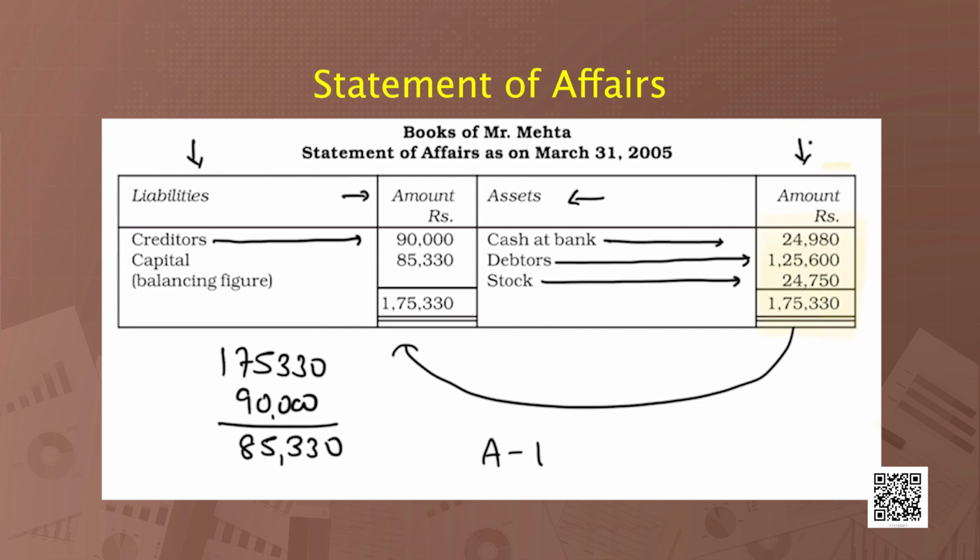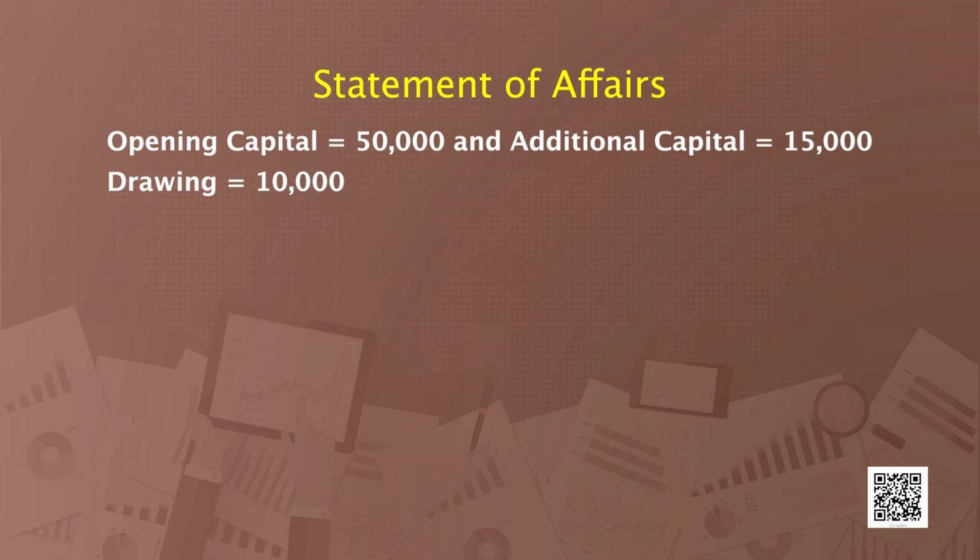Assets minus liability is equal to capital, and that is why this capital is the balancing figure 85,330, and you calculated it from the closing balances. So, this is my closing capital, 85,330. Clear, students?